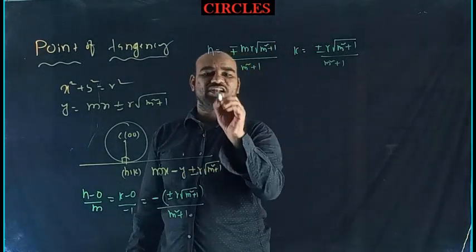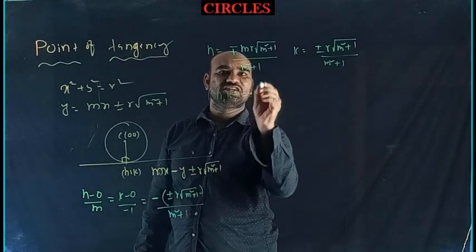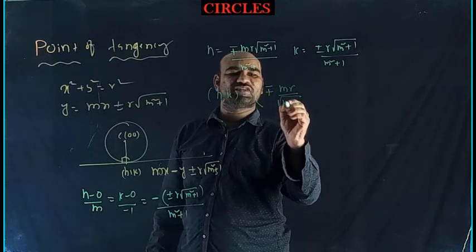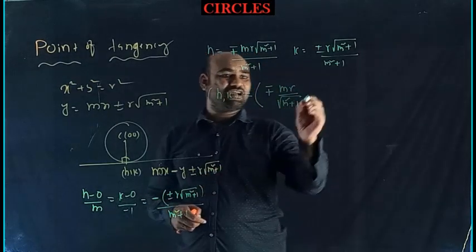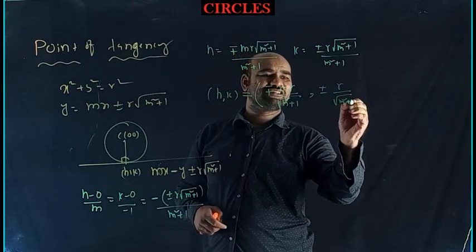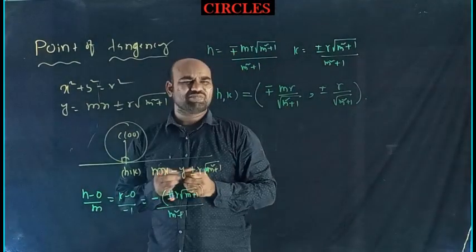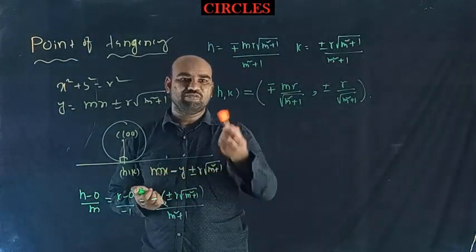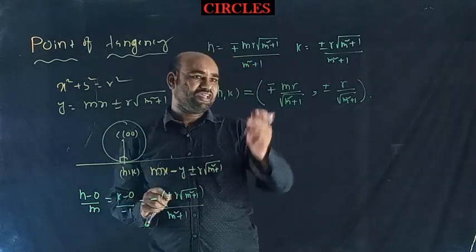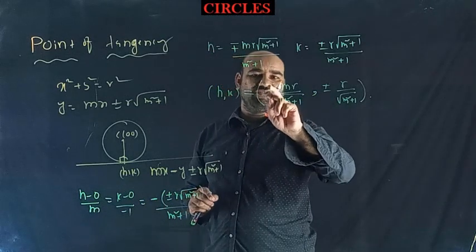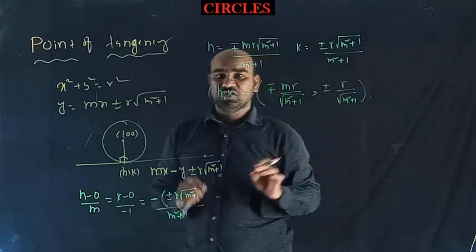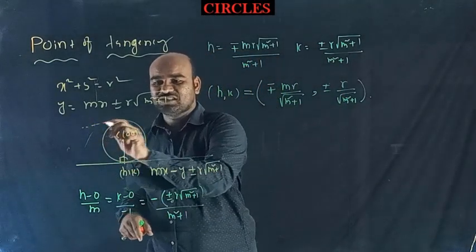So finally I will write (h, k) is equal to minus r plus mr by root over m square plus 1, cancelled once, comma, plus r minus r by root over m square plus 1. So in this way sometimes you can remember, but I won't suggest you people to remember this formula. Okay, so this is the point of tangency. Take minus first, then next take plus, so this gives the two points of tangency. One more tangent exists here.